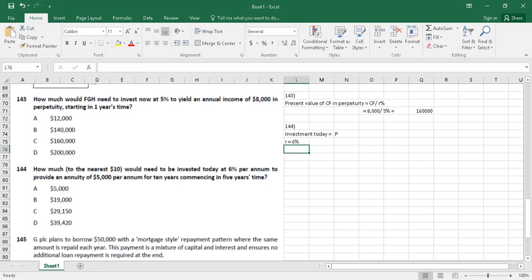Cash flow from the 5th year till the 10th year is what is given to us. We have to find out what's the present value of those cash flows. Okay, there is no cash flow starting from first year till the 5th year. It is starting only from the 5th year.